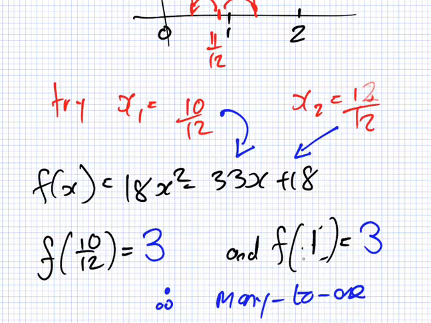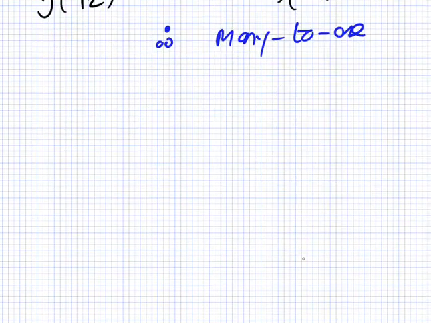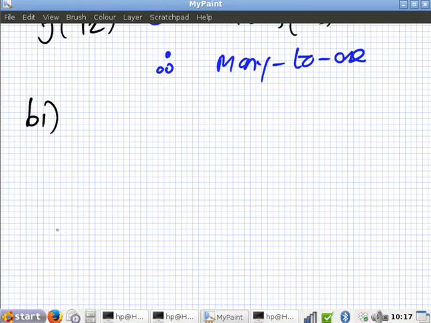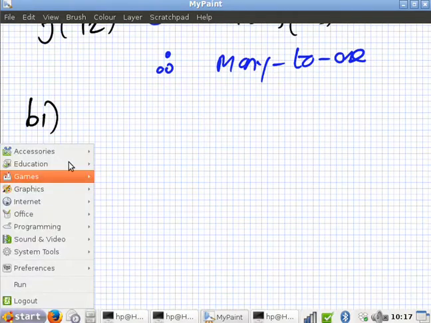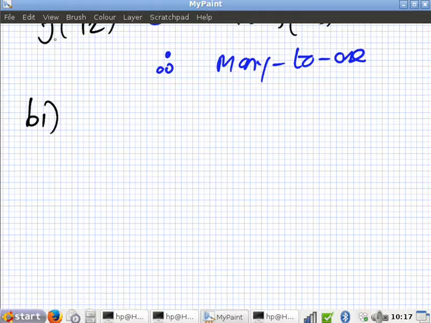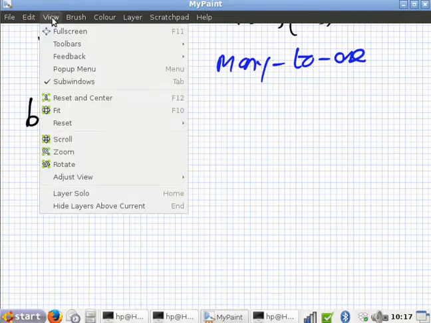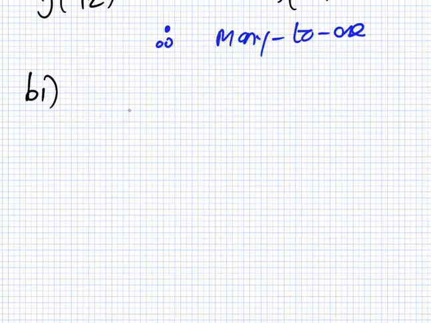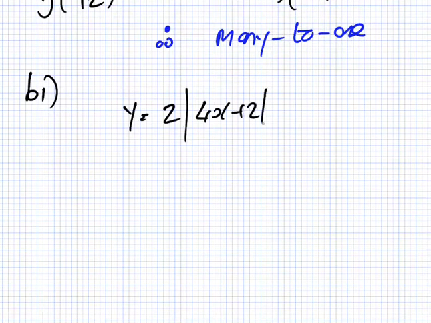Okay, so it's many to 1. Part B, part 1 is a plot. The function we wish to plot is y equals 2 absolute 4x plus 2 minus 3. So first we'll make x equals 0 and we'll get y equals 1, I think.